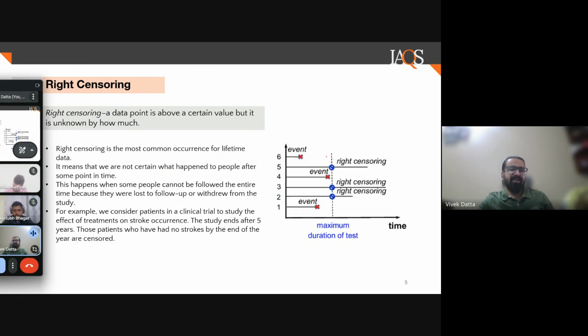When there is a predetermined stop time decided before the experiment begins, it is called type 1 censoring. As a result of type 1 censoring, everyone still remaining in the experiment becomes right censored.